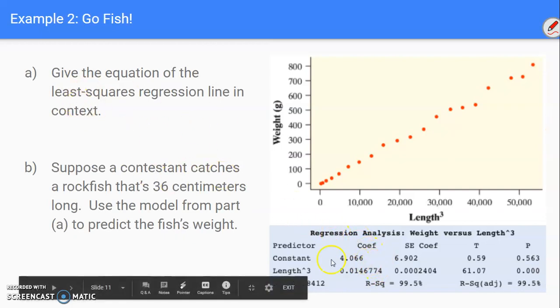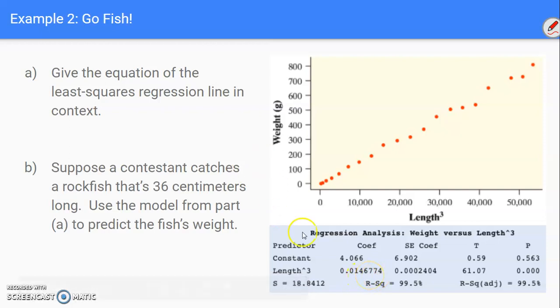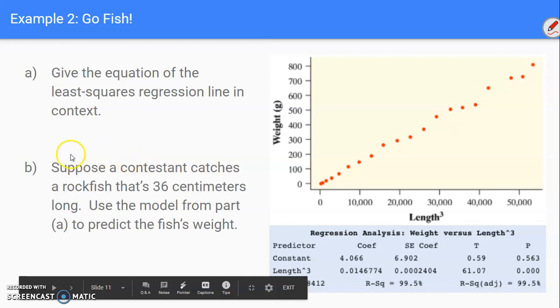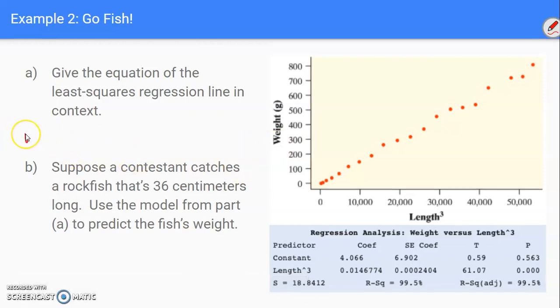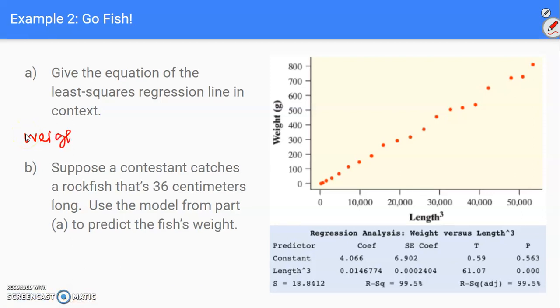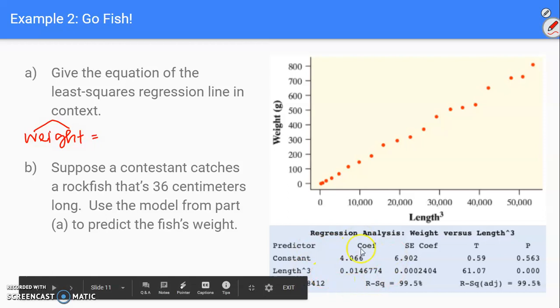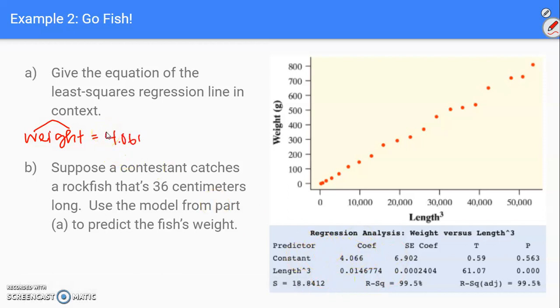The same way we've done before, we're going to use the same information to write a linear regression equation, but with that cubed function in there. My y is weight, so I'm going to start with that. So predicted weight equals, and using my output, my constant is 4.066, so that's my y-intercept.